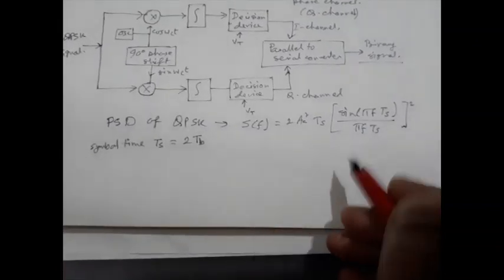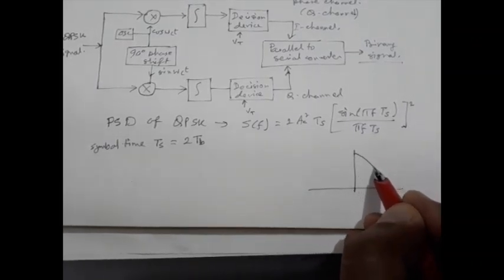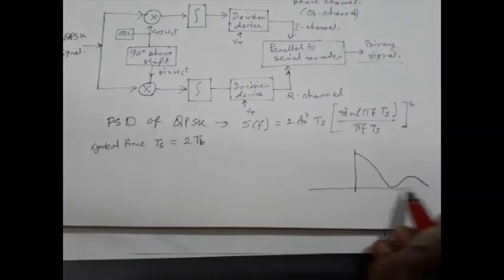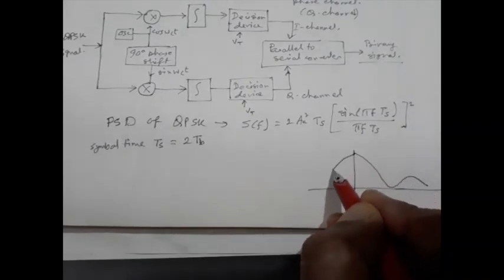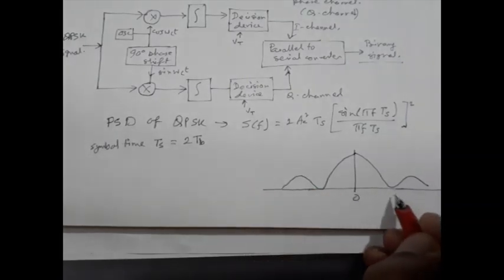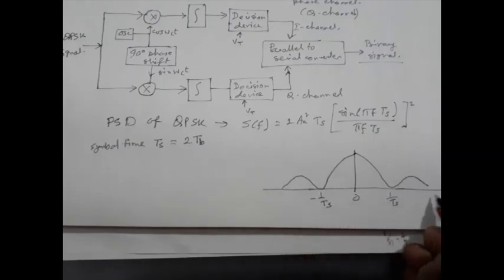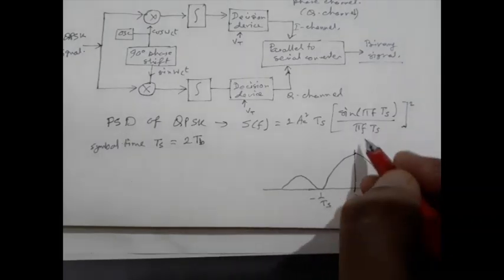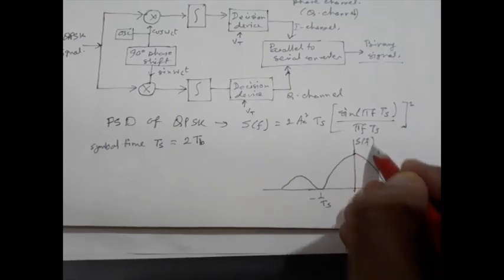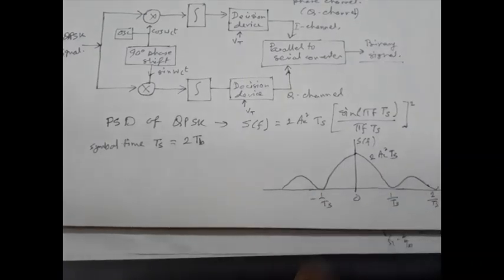So if you plot it, the two-sided spectrum will be something like this. The maximum value is twice s square Ts.